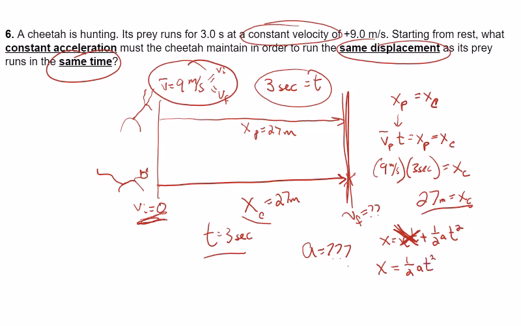So now I can actually find acceleration. I can multiply by 2 and divide by t squared. If you want to find it directly as a separate equation, you would end up with a equals 2x divided by t squared. Don't add this to your equation card, except if you want to say that it's only working when the initial velocity is 0.